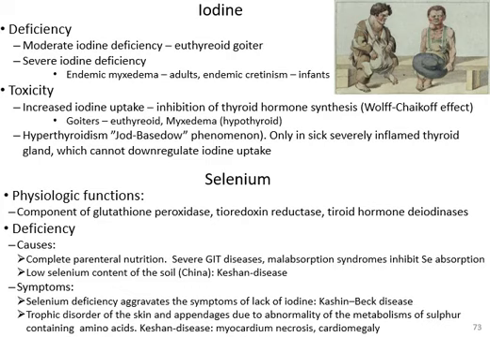And since selenium is a component, a coenzyme, of those factors which influence thyroid hormone metabolism, selenium deficiency definitely will aggravate the symptoms of iodine deficiency. Altogether, you can see trophic abnormalities of the skin and appendages, and also over time myocardium necrosis, cardiomyopathy can develop. It is called Keshan disease.